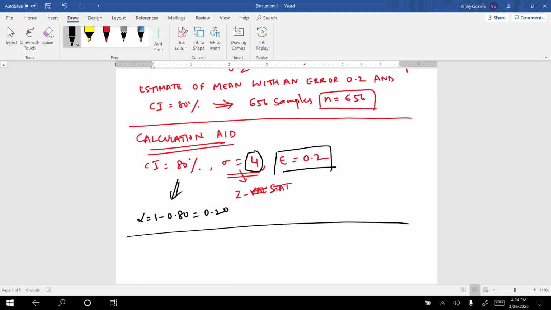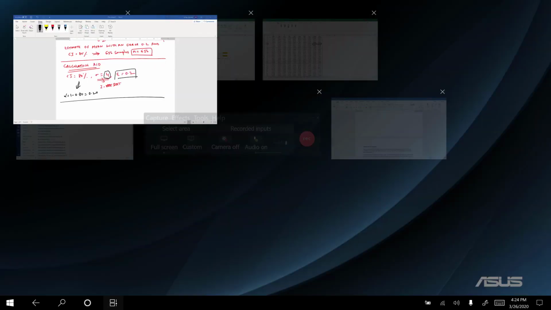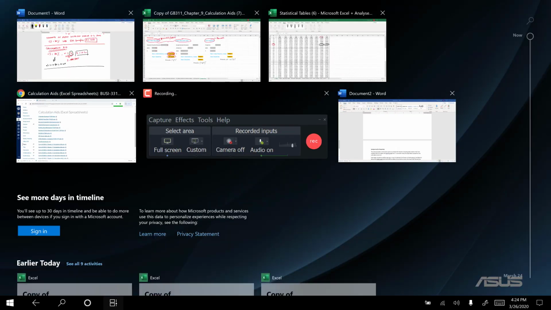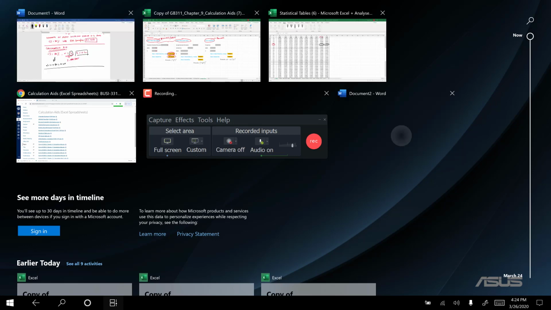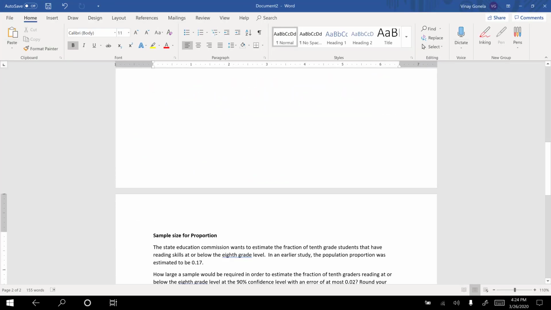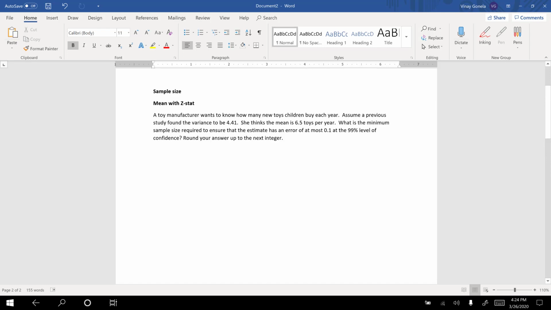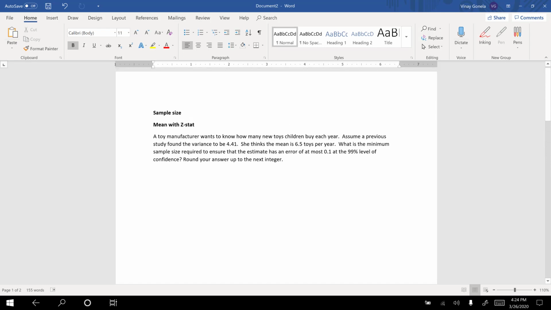So we will try to solve one more Hawks learning problem. Because I wanted to teach all 3 cases in one video, I copied Hawks learning questions into a Word document. Let's see the first problem. I think this is our z-stat problem, where we are trying to determine the sample size.